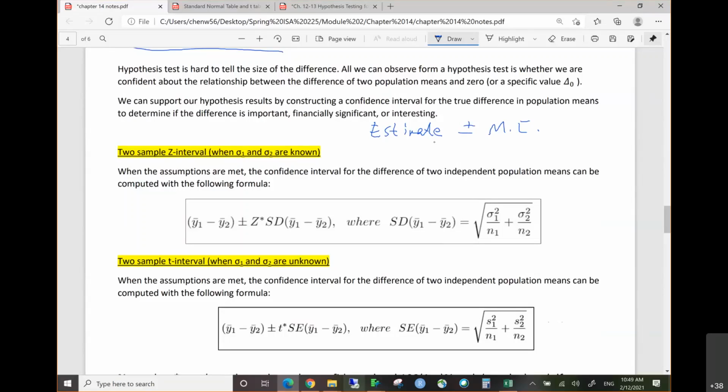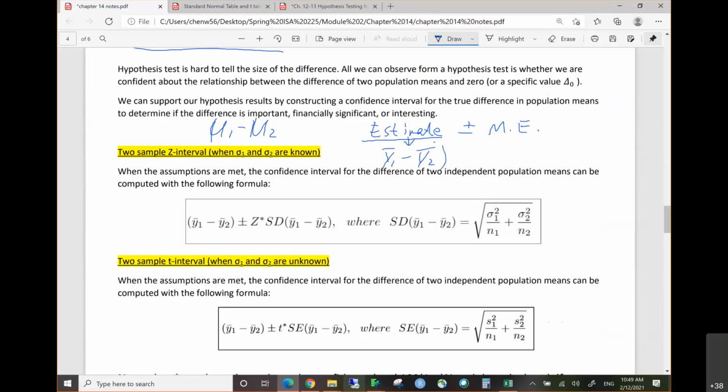Still remember? So now we want to get a confidence interval for the difference of mu1 minus mu2. What can we use to estimate mu1 minus mu2? Of course, we will use the difference of the sample means, so we call it y1 bar minus y2 bar.